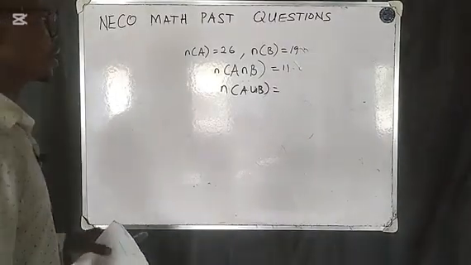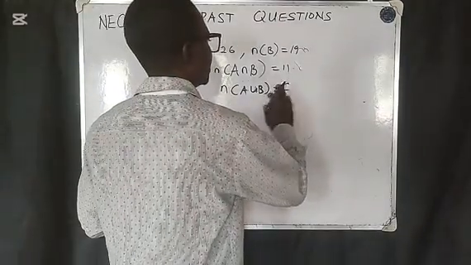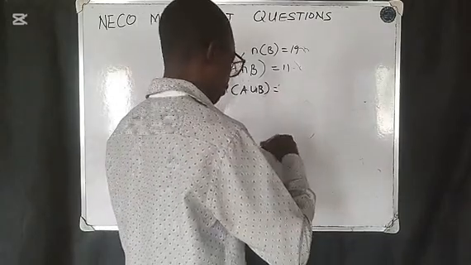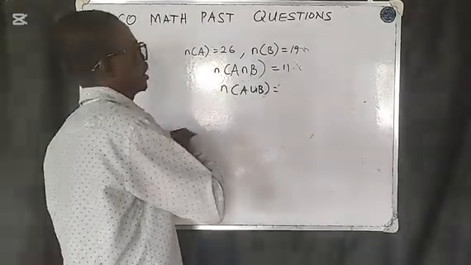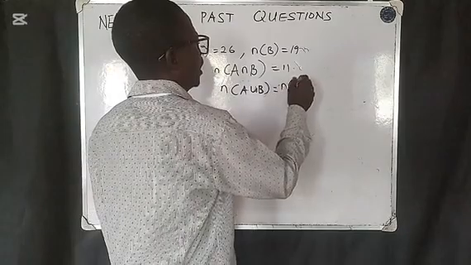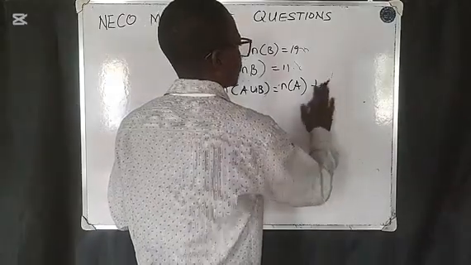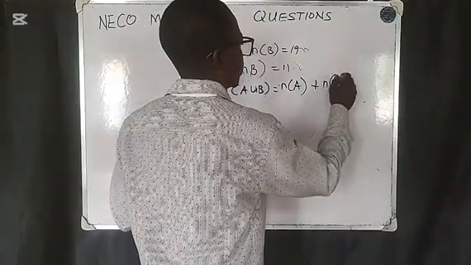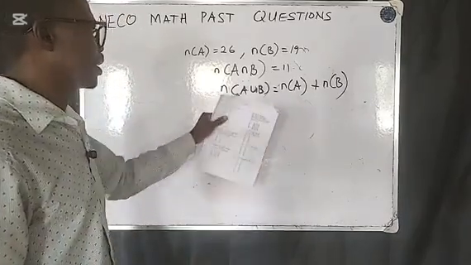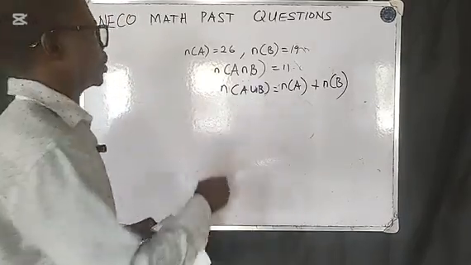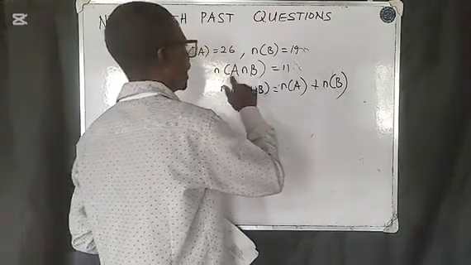Now, how do we find this number? Union simply means everything in A and everything in B. Every number here and every number here, meaning the number in A plus the number in B. This is supposed to be the union of A and B. So it's supposed to be 26 plus 19, everything in A and everything in B. But there is an intersection.